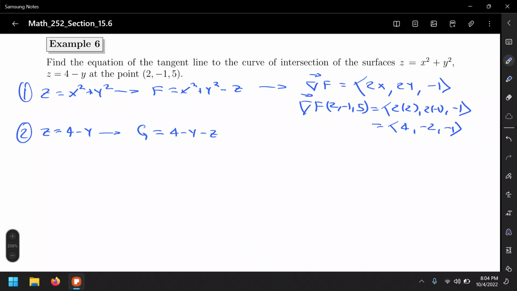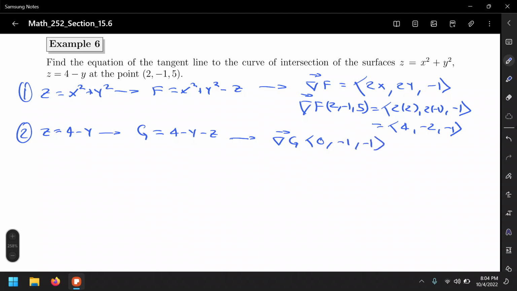So let's find the gradient of G, that is nabla G. There's no x, so the derivative is 0. The derivative with respect to y is -1, and -1 for z.